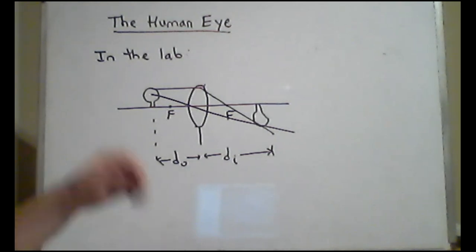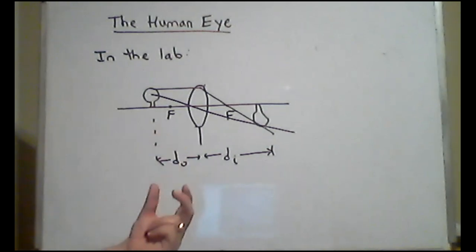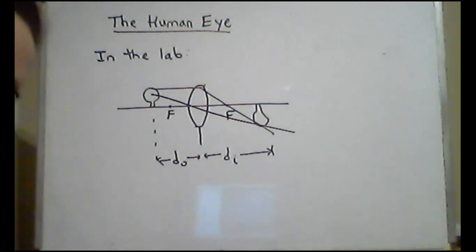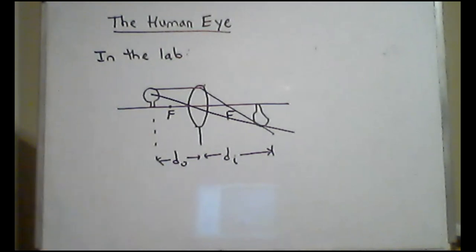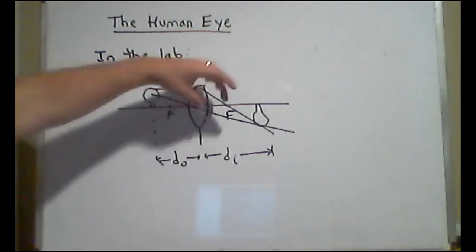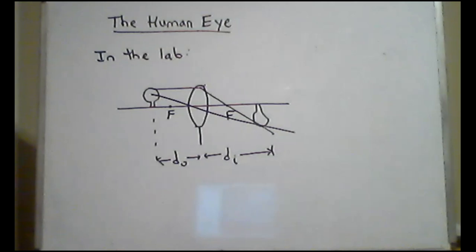So in the eye, the image distance is fixed. And typically for humans, it's about 2 centimeters. In fact, in this class, we're going to take the image distance to be a constant for the human eye, 2 centimeters. So what you have to do is somehow accommodate the eye to have different focusing abilities, but your constraint is you only have a set image distance.